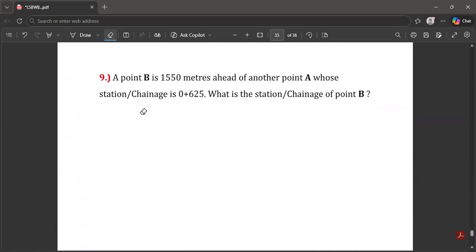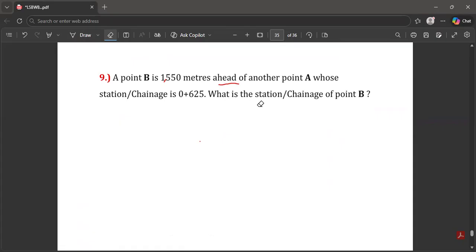So this question is saying that a point B is 1,550 meters ahead of another point, A, whose station or Chainage is 0 plus 625.